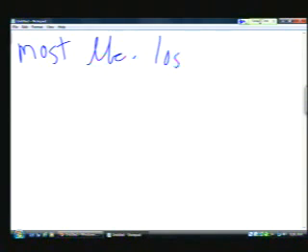So let's go over here. And one way you could analyze this is you could just say most pounds lost wins. That's one way you can analyze it. Most pounds lost wins.